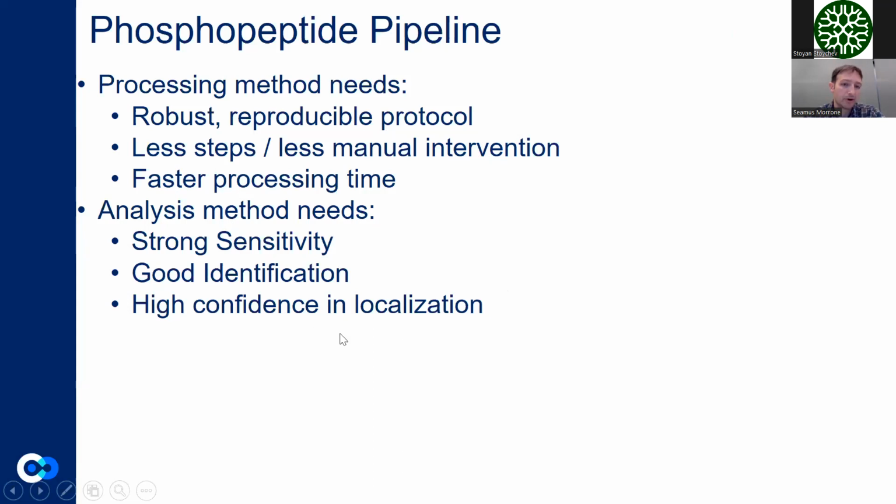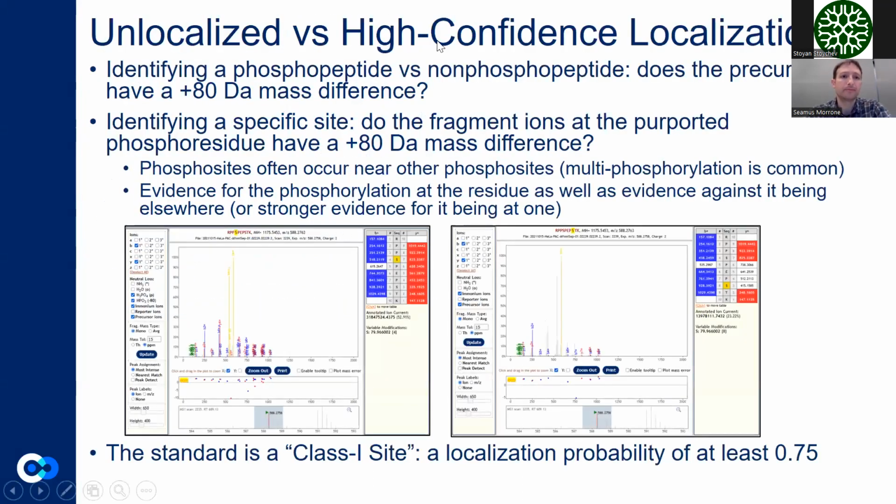And generally, we want high confidence in the localization, although this will depend on the nature of your experiment. I want to sidestep briefly to talk about unlocalized versus high confidence localization, because identifying a phosphopeptide can be as simple as asking: does the precursor have this mass shift of a phosphate group, 80 Daltons? But identifying a specific site requires that the fragment ions where you believe the phosphorylation is have this shift.